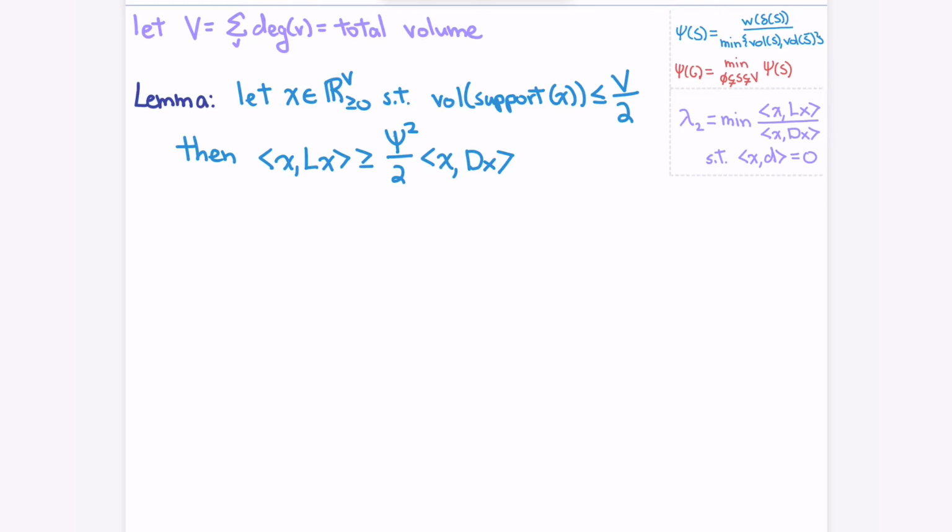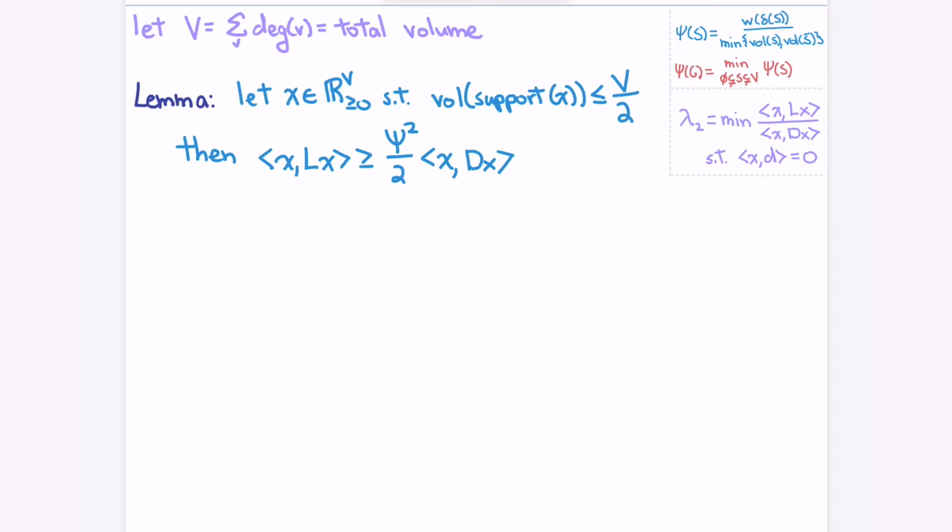What we're going to do is first prove a special case. I'm going to assume x is nice in two respects. I'm going to assume x is non-negative, which in general is not true. And I'm going to assume that if I look at all the vertices that have strictly positive value, equivalently non-zero value since it's non-negative, their volume is at most half the volume of the graph.